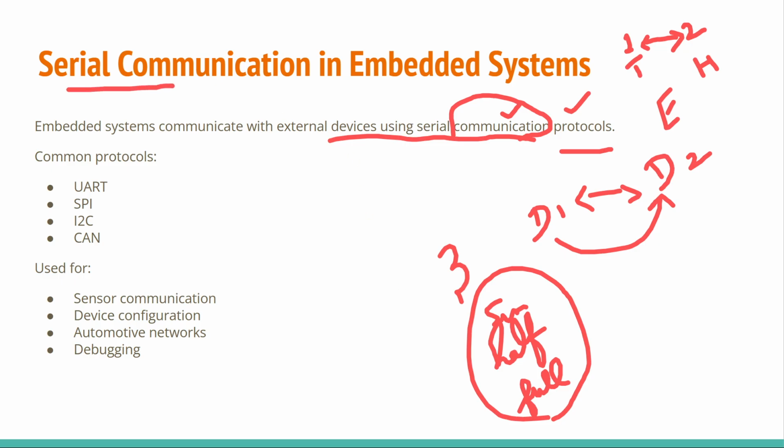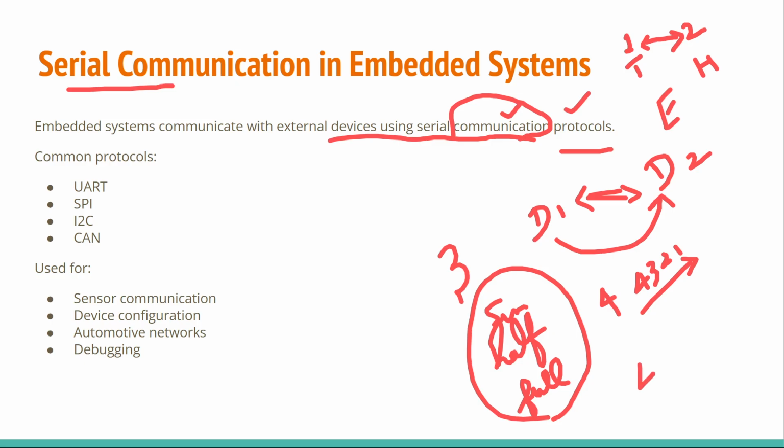Serial communication means I'm going to communicate between device 1 and device 2 serially instead of going for parallel. For example, if I want to transmit 4 bits, I will transmit the first bit, second bit, third bit and fourth bit via a single line. This is serial communication. What about parallel communication?